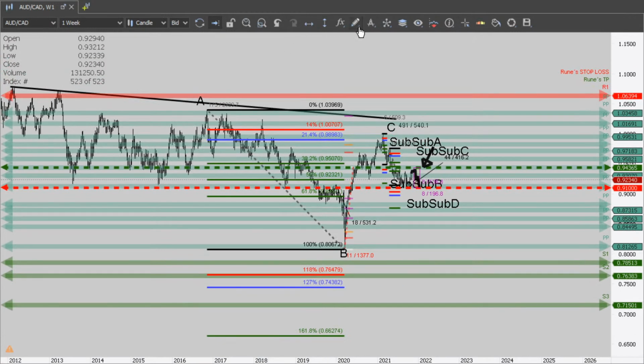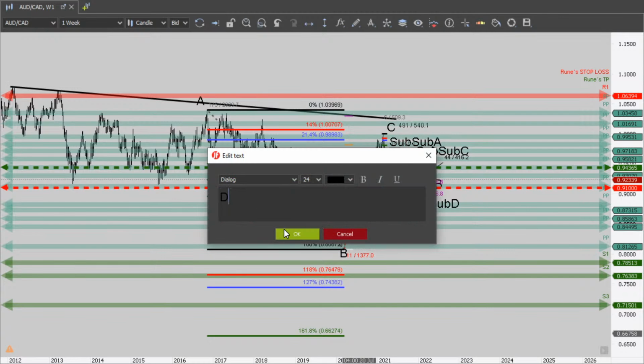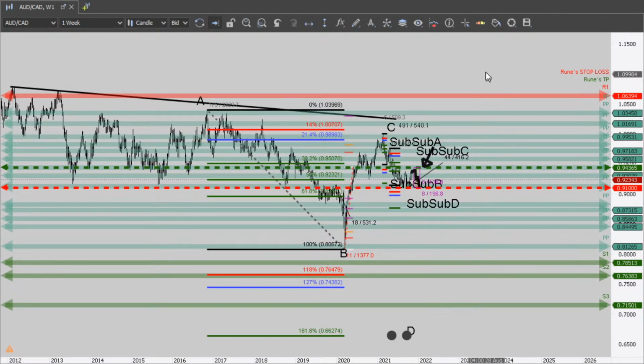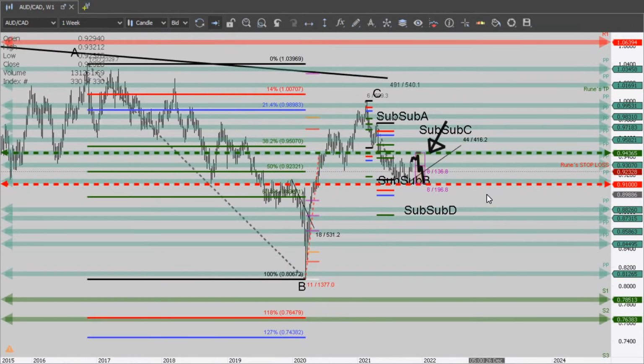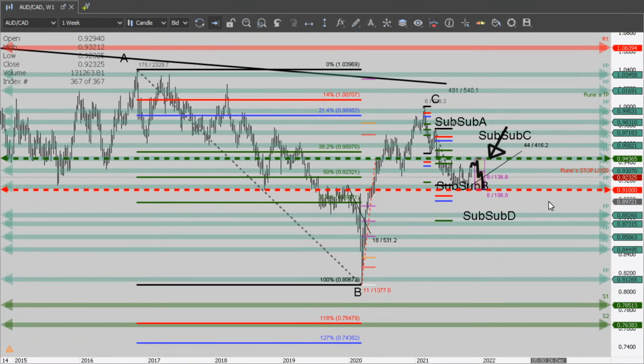It's somewhere down in here, projected D. Everybody, what is the trend direction according to the Fibonaccis on the weekly chart?